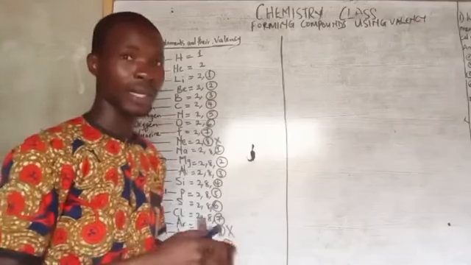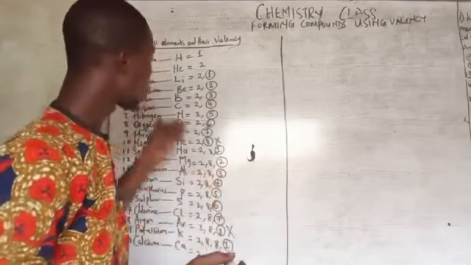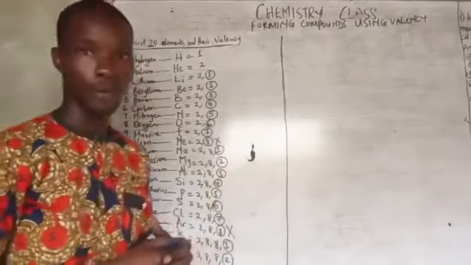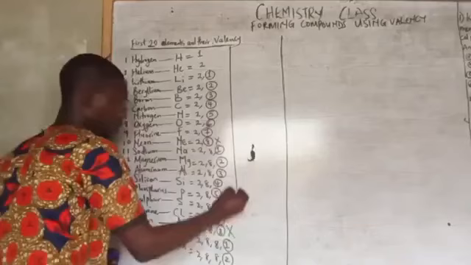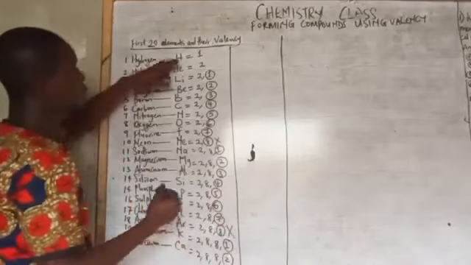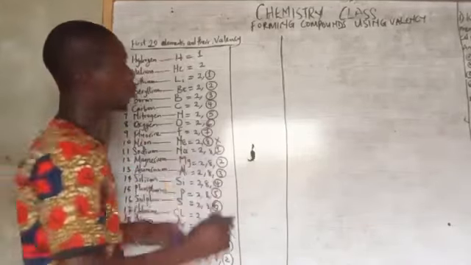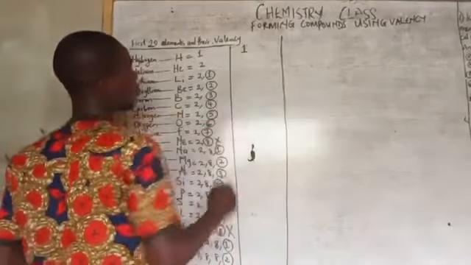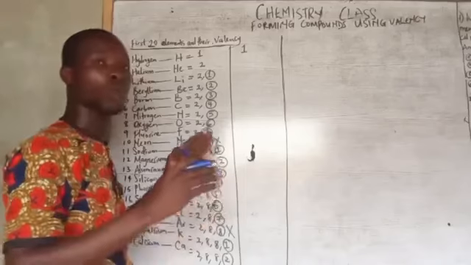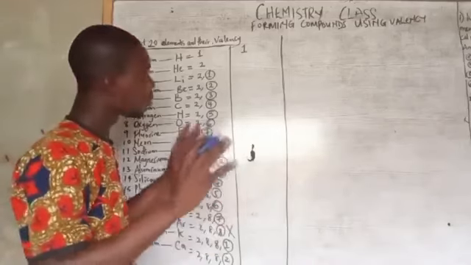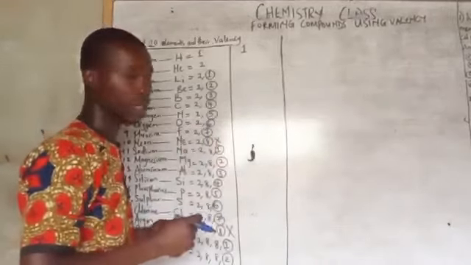To serve as a recap, let us figure out the valency of the first 20 elements. So, the valency of hydrogen is 1. All elements whose valence electron falls from 1 to 3 retain their valency.